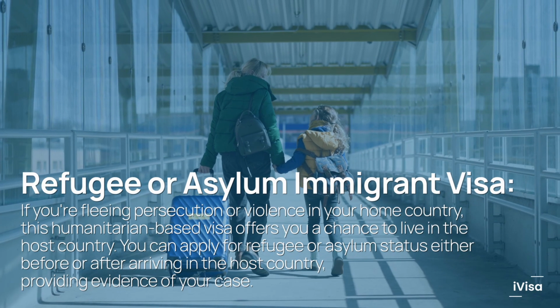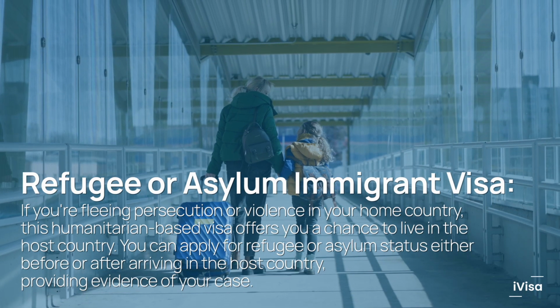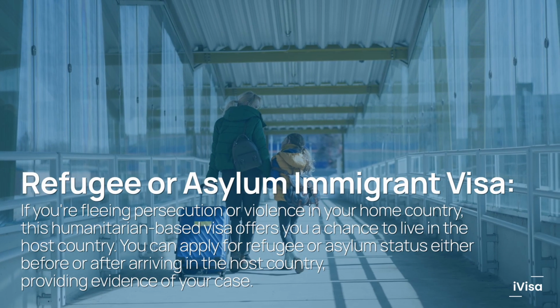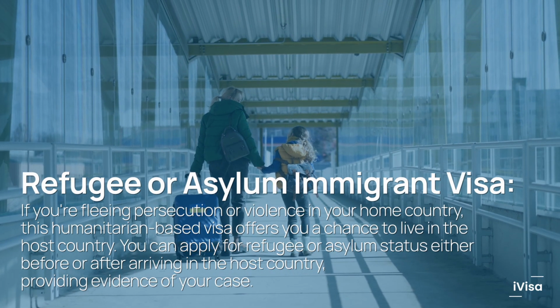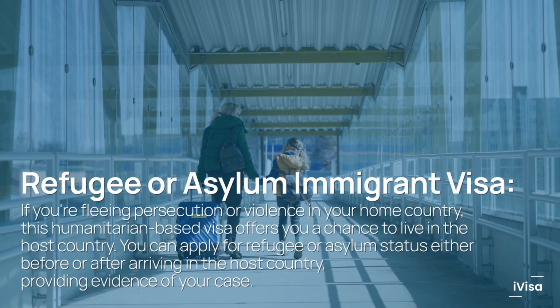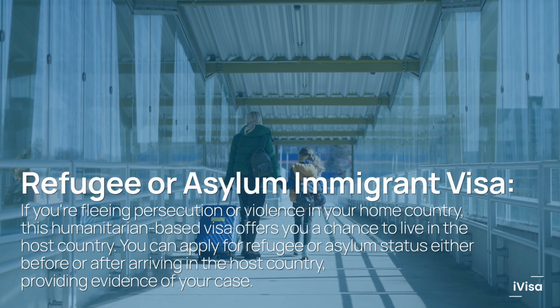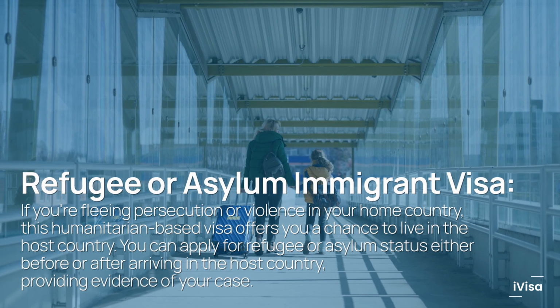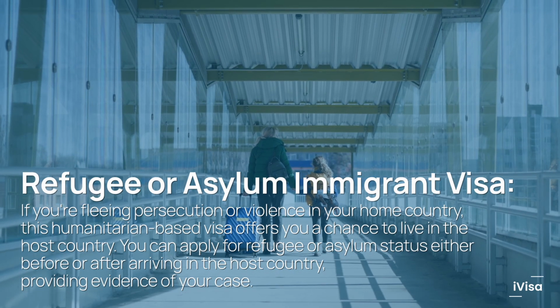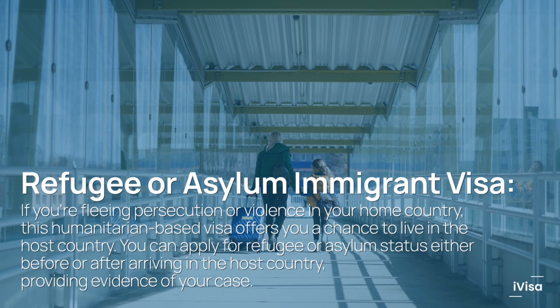If you're fleeing persecution or violence in your home country, this humanitarian-based visa offers you a chance to live in the host country. You can apply for refugee or asylum status either before or after arriving in the host country, providing evidence of your case. These are just a few examples of immigrant visas available, each catering to unique situations and needs, such as special immigrant visas, investor visas, adoption visas, and more.